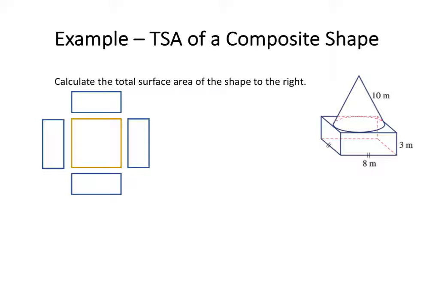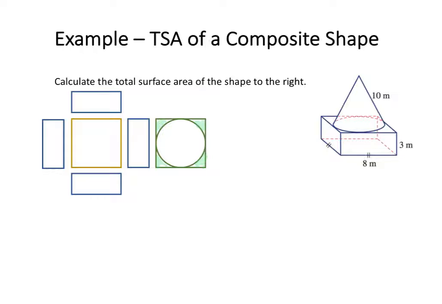Next is going to be the top of the rectangular prism. Now because my cone sits on top of the rectangular prism, it is not going to be the full rectangle, but it's going to be a rectangle with the circular base of the cone cut out. So that shape is going to be my next to be added to my net diagram, and I'll shade in the parts of the shape that I need to know the area for.